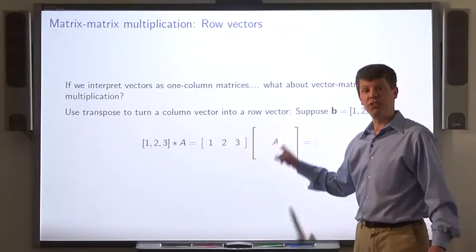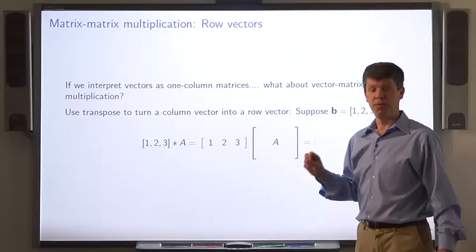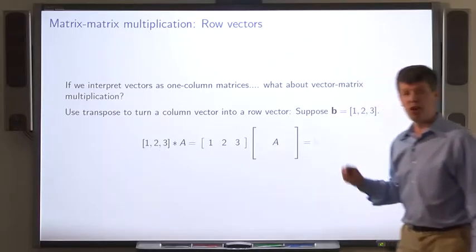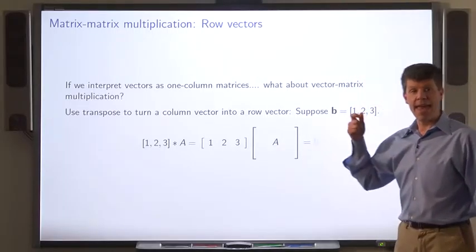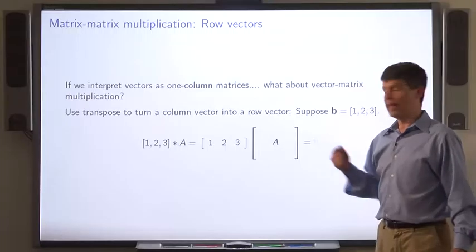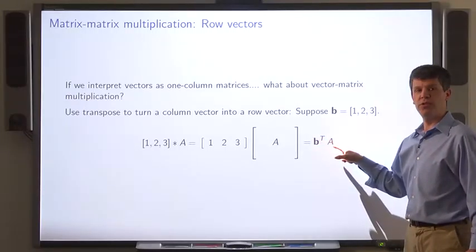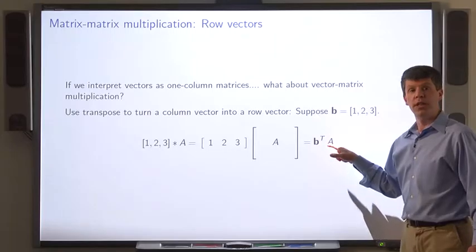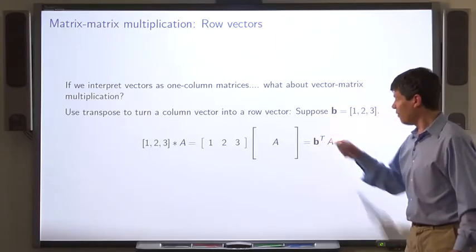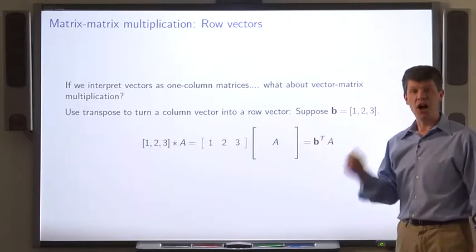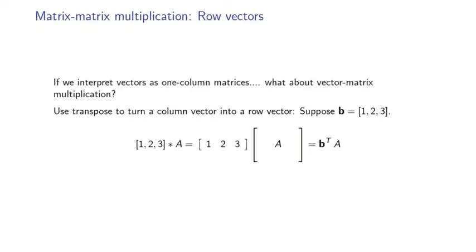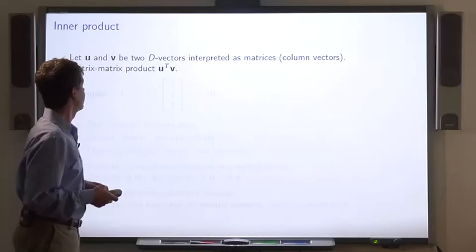Then by the vector matrix definition of matrix-matrix multiplication, the product you get is a single row matrix. So we would write this as B transpose times A to be consistent with our convention of interpreting a vector as a column matrix. Since the vector B is a column matrix, the transpose of B is a row vector, that is, a matrix with a single row.